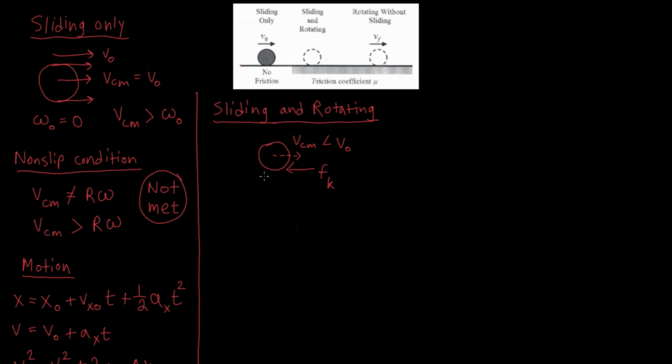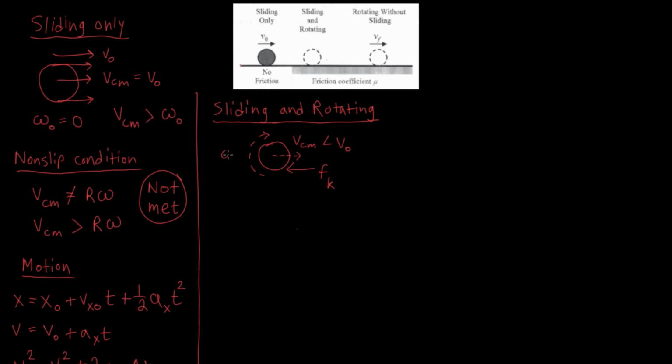So now the force of kinetic friction will produce a torque about the axis of rotation of the object. And this force of kinetic friction, since it generates a torque, is going to cause the object to rotate clockwise, just like this.